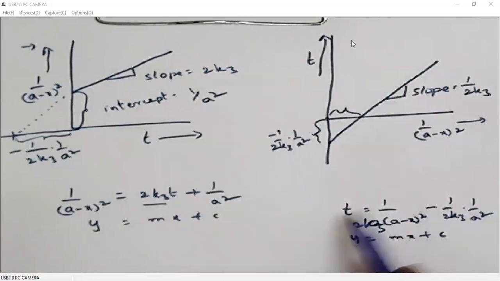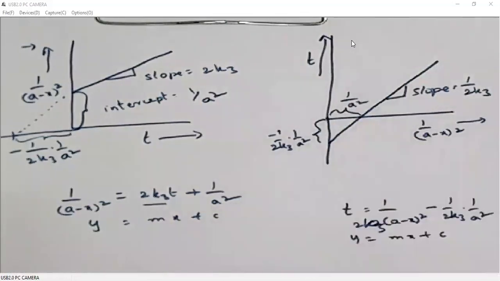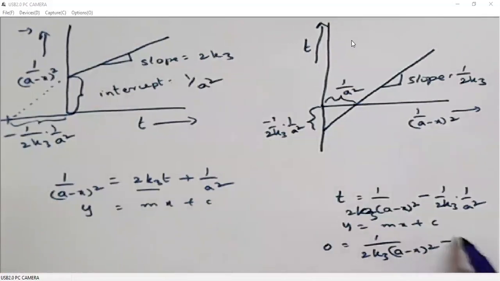You make it this side, 2k3 will get cancelled. So it becomes 1 by a square. Or I'll simplify it. 0 is equal to 1 by 2k3 into 1 by (a minus x) whole square minus 1 by 2k3 into 1 by a square. When we make it this side, it becomes 0.